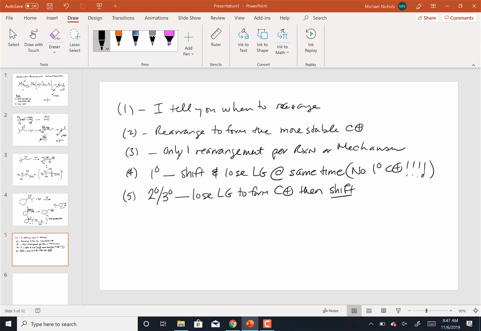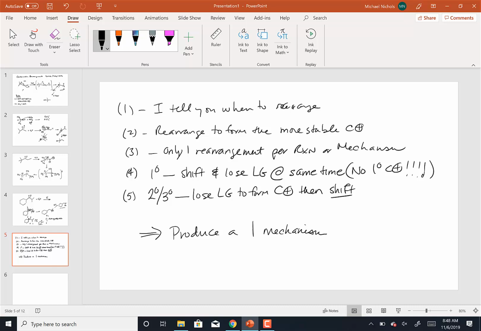And in any of these cases, they always produce a 1 mechanism. And what does that mean? A 1 mechanism is a mechanism that involves a carbocation intermediate, as opposed to a 2 mechanism.